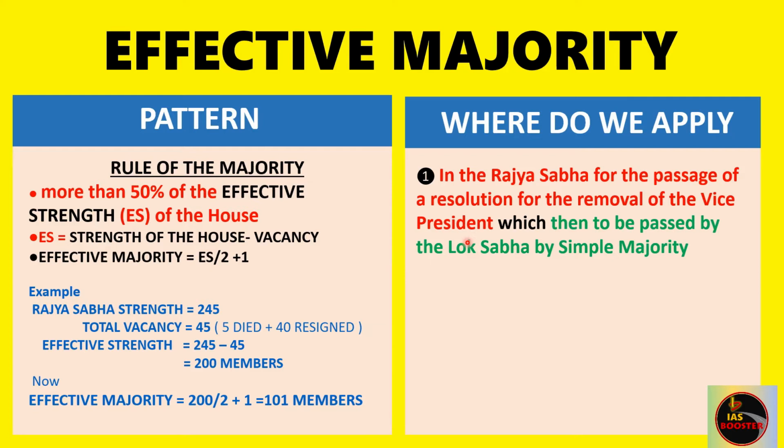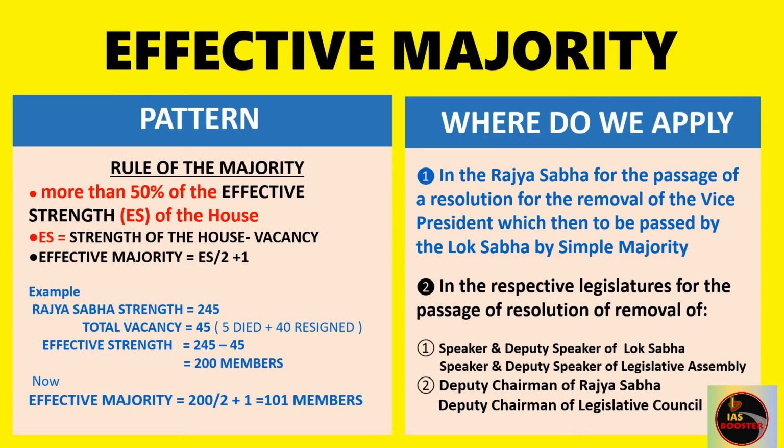Only after that can it be transmitted to the Lok Sabha, where the Lok Sabha has to pass that particular resolution by a simple majority. So effective majority is very important, and it's used for the removal of the Vice President of India.